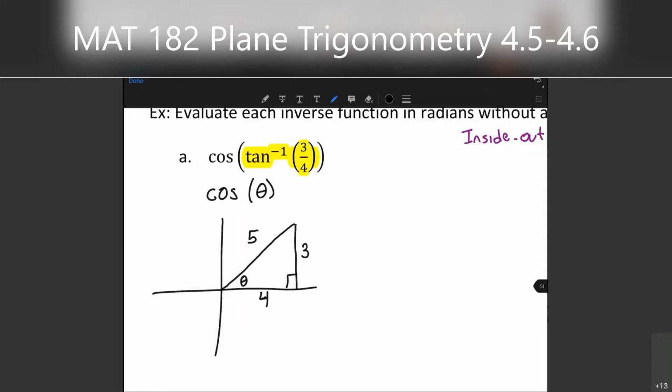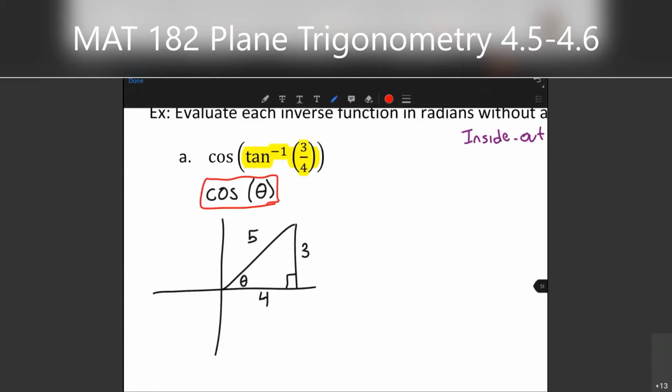Okay, now, since I've drawn everything for that tangent, I now have just theta to work with. And I can now bounce to my outer function. So now I'm going to consider cosine of theta. What would the cosine of theta be just based on the picture? Four over 5.